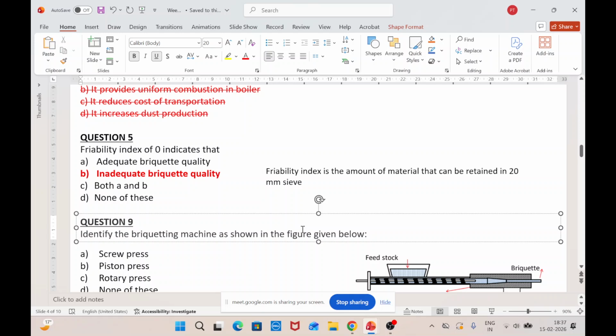If it sustains that mechanical shock, then it is of good quality. This is how you determine the friability index of briquettes. Any questions?